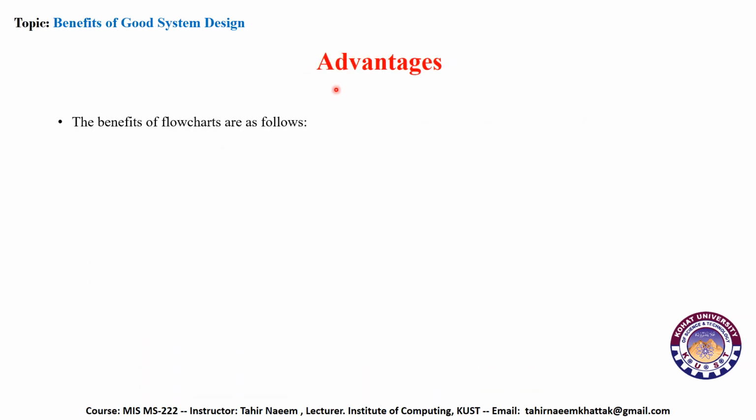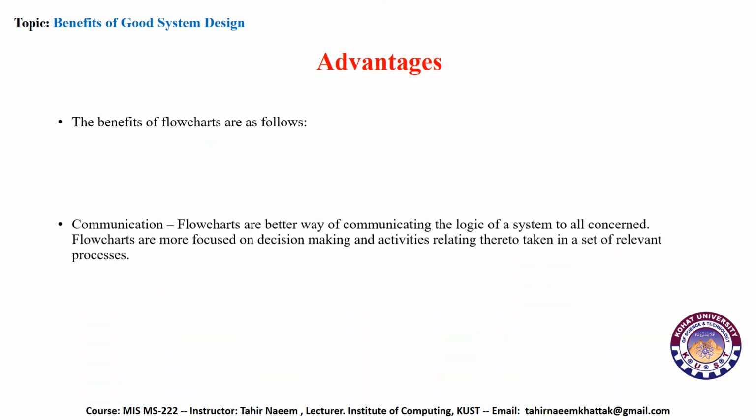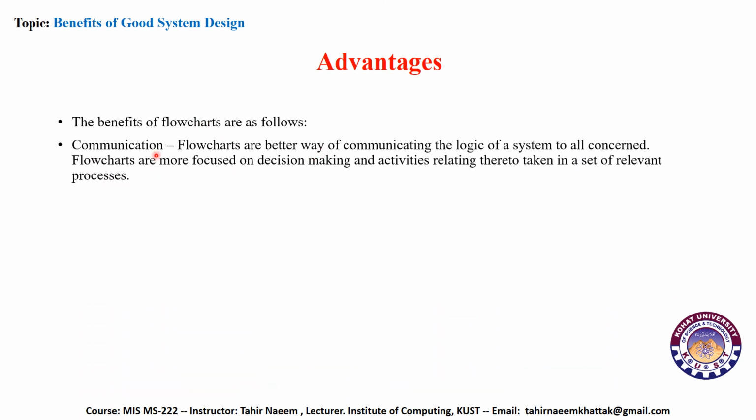Advantages. Whenever we draw a flow chart, there are some advantages of the flow chart. The benefits of flow charts are as follows. Communication. The primary purpose of a flow chart is communication. Flowcharts are a better way of communicating the logic of the system to all concerned.